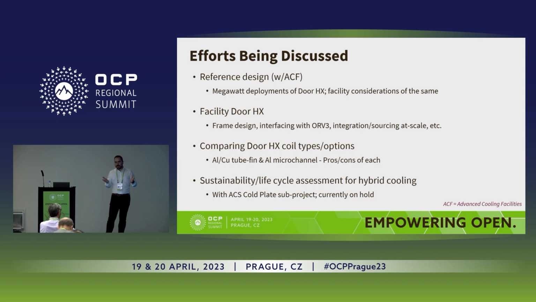At least it's important to use aluminum or other materials to reduce the cost and increase the performance at the same time. The lifetime of the cooling system is also a topic we consider, but at this moment it is on hold.